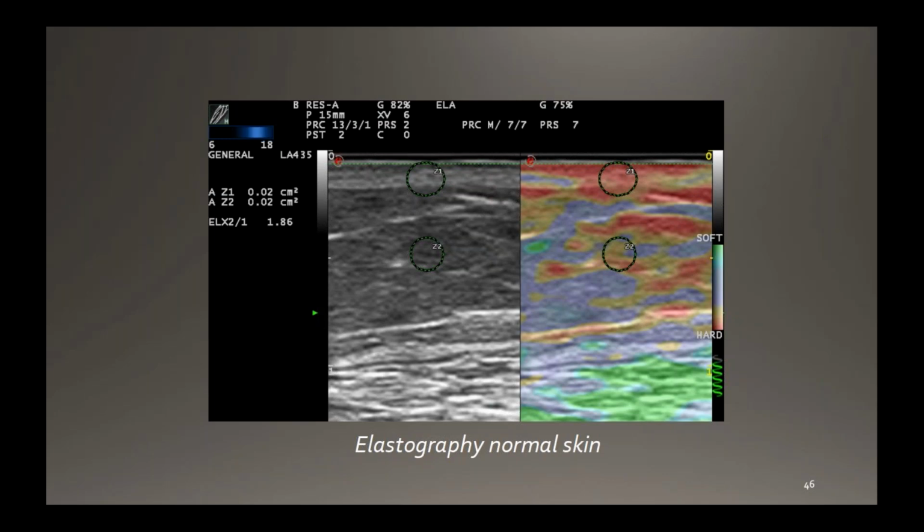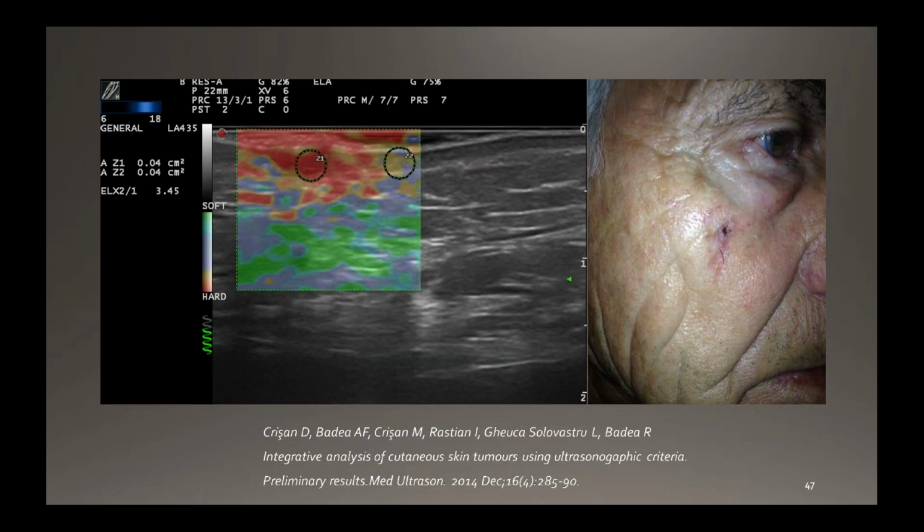You can also do shear wave with new equipment. And skin cancer tends to be harder than normal skin. That is something that is maybe not very useful, but you must know that in case of doubt, these kinds of tumors tend to be more stiff.